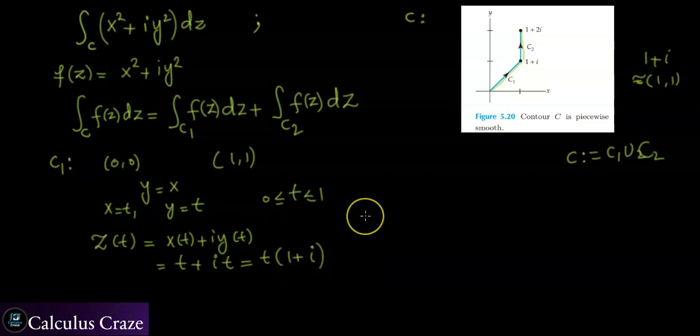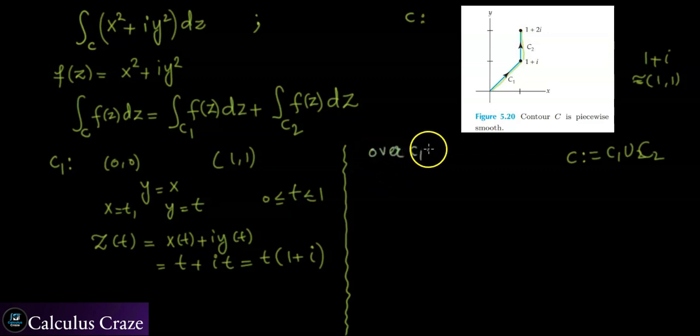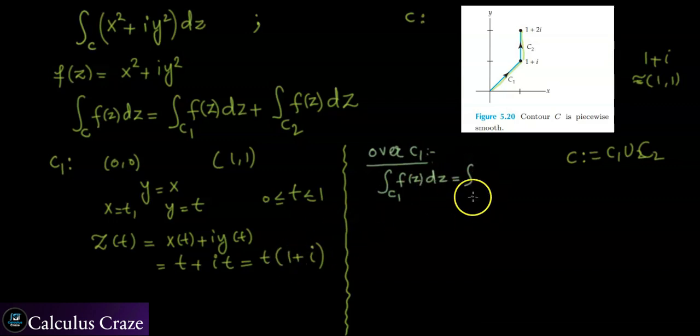So now I'll integrate over C1. What I need, basically, is quite a few things. Over C1, what I have to do is compute this integral of f of z dz, which should be equal to the integral from a to b.